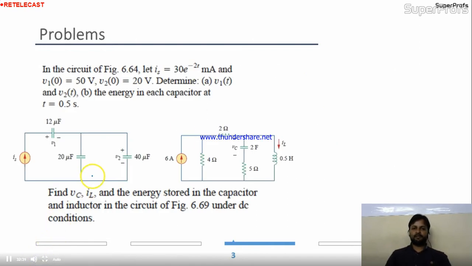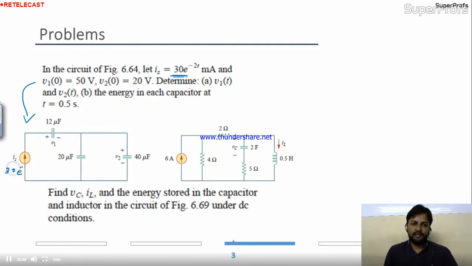Now come to this. The problem is given for this circuit. In the circuit, Is is given as 30 e to the power minus 2t. Where is the Is? Over here. Now the initial condition V10 is given. Here is the V10, and it is given as 50 volt.